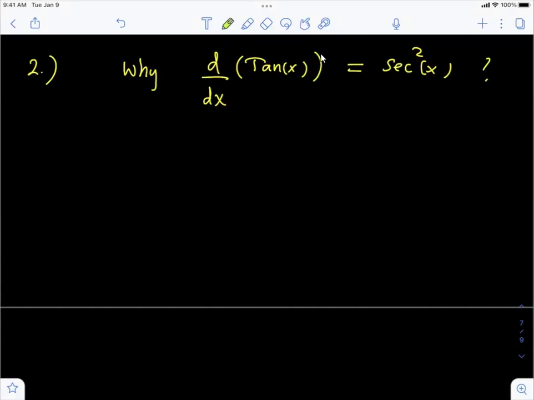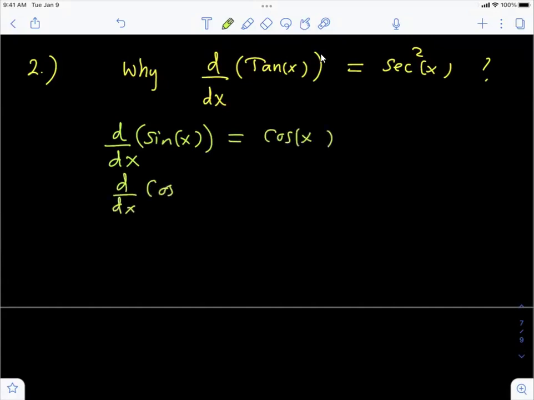But now, how are they constructed? To begin with, we need to prepare the formulas for the derivative of sine x, which happens to be cosine x, and the derivative of cosine x is none other than negative sine x.